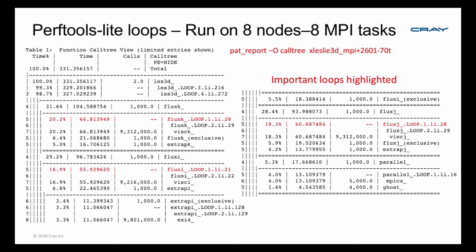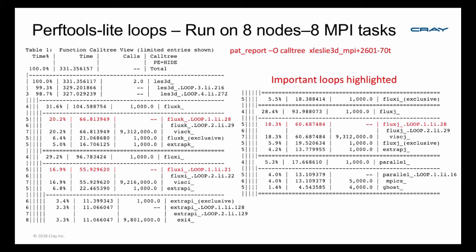And so what we see is that 20% of the time spent in flux K comes from that loop. And then we have a 6.4% coming from flux K exclusive of anything it calls, and extra PK is called from there.